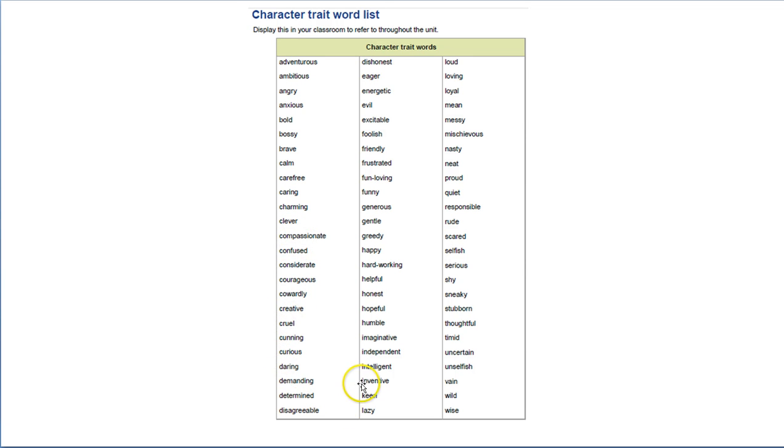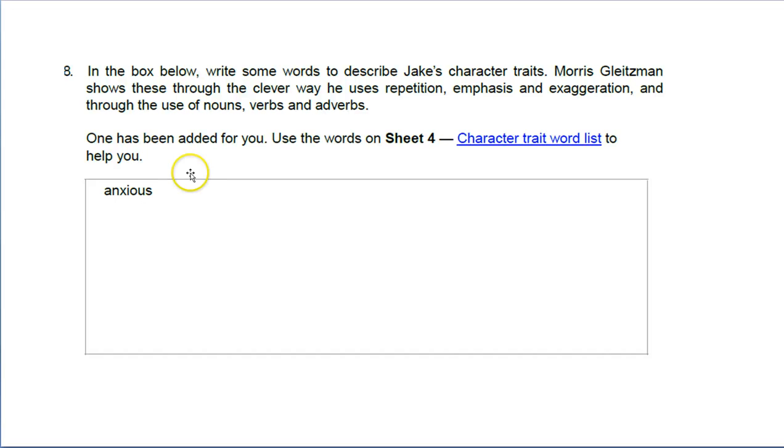If I look through, I'm trying to find one that I could. Perhaps hard working. There you go, there's one that I think would describe Jake. Hard working. Perhaps funny. You go and choose 2 more or 4 of your own to describe the character of Jake and write them into this box in number 8 in lesson 3. And then you're done.